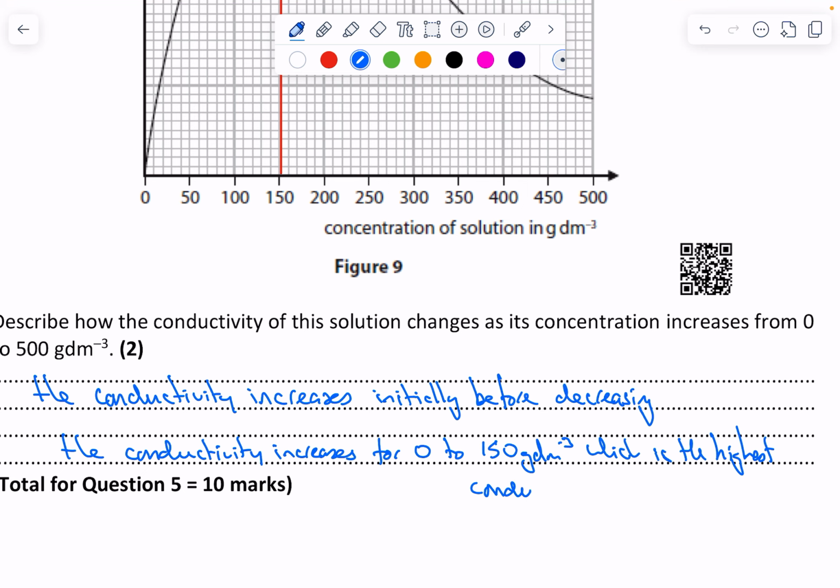So you need to give a value using numbers from the graph to get the second mark in that answer.